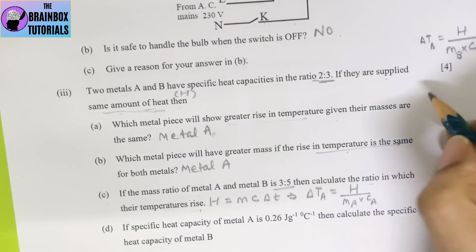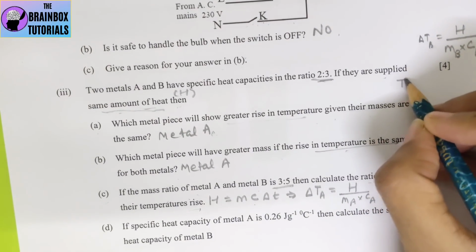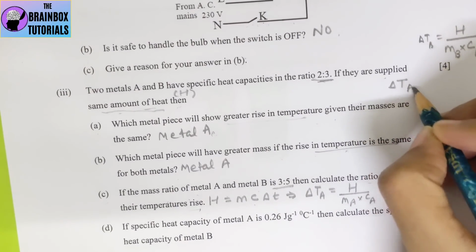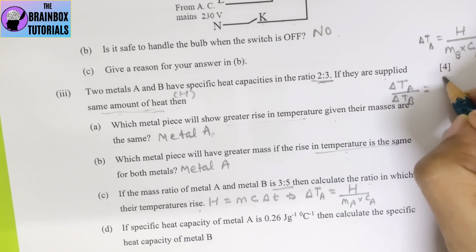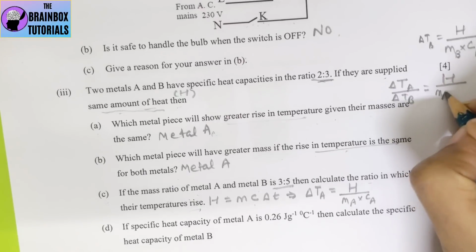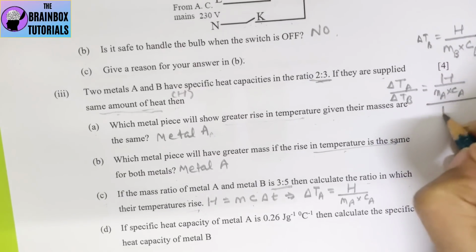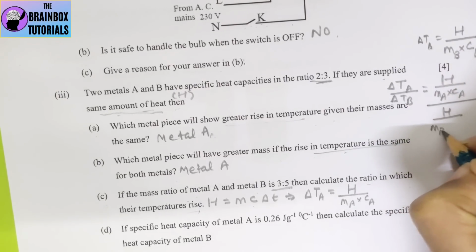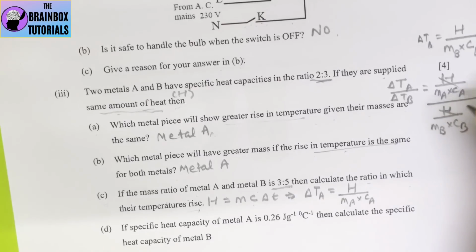Now we will have to take out the ratio, that means change in temperature of A upon change in temperature of B is equal to heat upon mass A into Ca divided by heat upon mass B into Cb. H is the same, that is why it is cancelled.